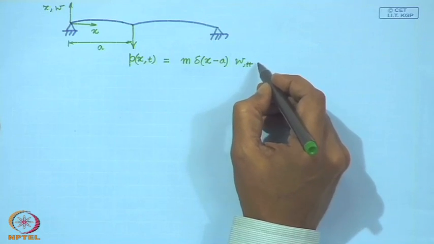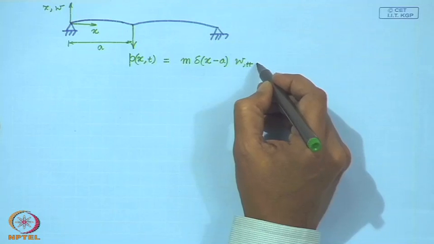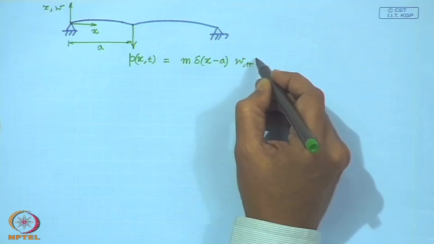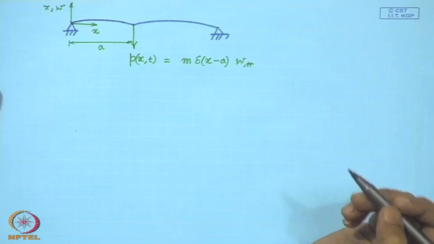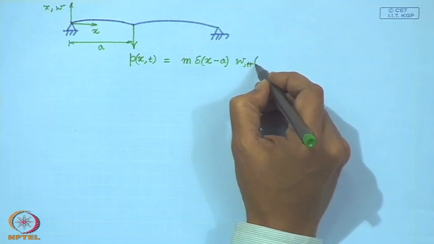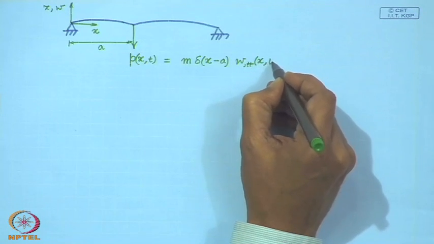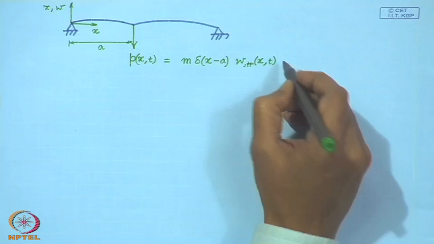Now, here I had written the acceleration at x equal to a, but from the previous property that I just now discussed I can write it like this.